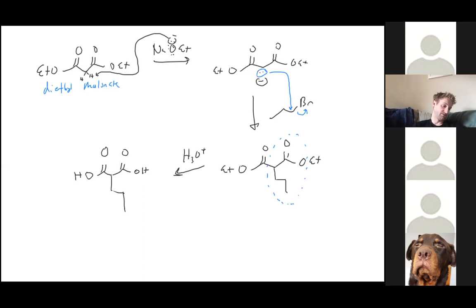And then because this is so stable, when we heat it, we're going to have what's called a tautomerization happen. I'm going to redraw this so I can do the tautomerization.